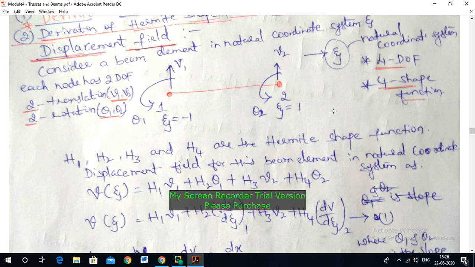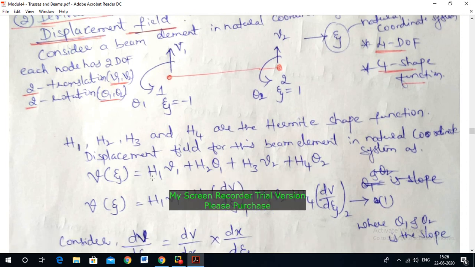Those 4 shape functions h1, h2, h3 and h4 are the Hermite shape functions, and the displacement field for this beam element in the natural coordinate system is V of zeta equal to h1 v1 plus h2 theta 1 plus h3 v2 plus h4 theta 2, where v1 and v2 are the translation degrees of freedom, and theta 1 and theta 2 are the slopes.